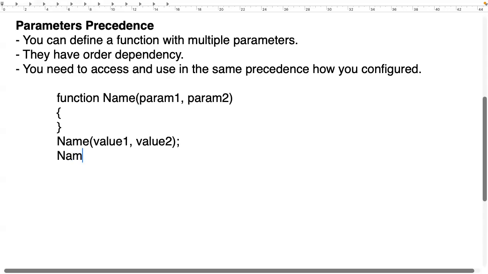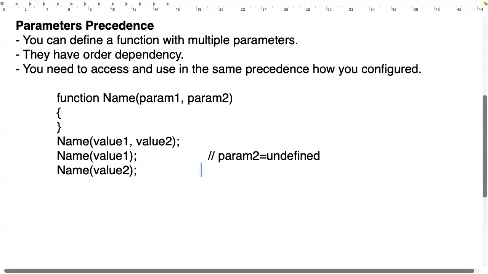For example, if I pass value 1 and not value 2, what will be parameter 2? Parameter 2 is undefined. For example, if you are passing value 2 as the first argument, you are passing the second value in the first parameter.